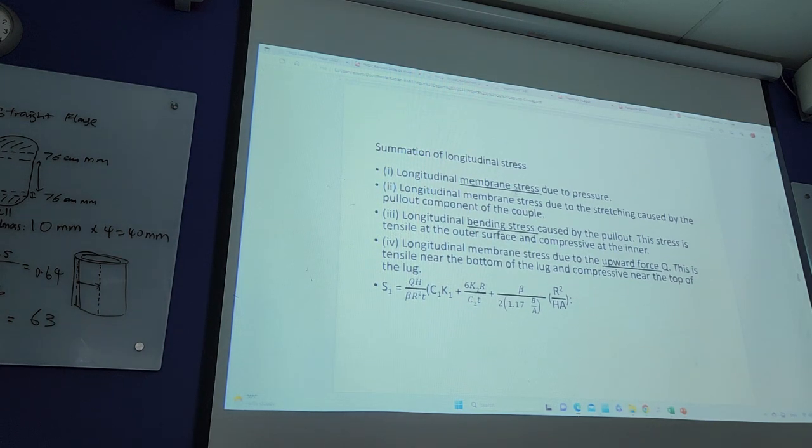After that, you can plug everything into this S1, because you already found out your C1, C2, K1, K2, and all the necessary values. Then you know this is S1.